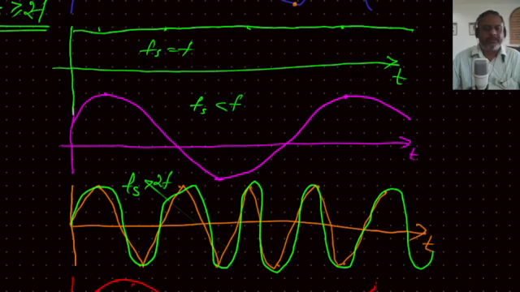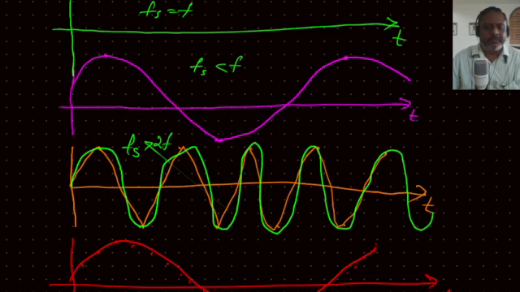If it is twice the frequency, then we get a little insight into our signal. But if it is very much more than the signal frequency, that is, in one cycle you have a large number of samples, then definitely this curve is a better approximation for the actual signal which we have found from these samples.